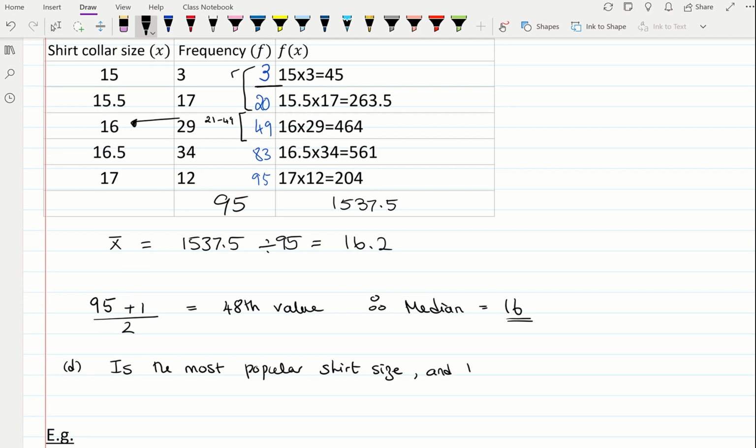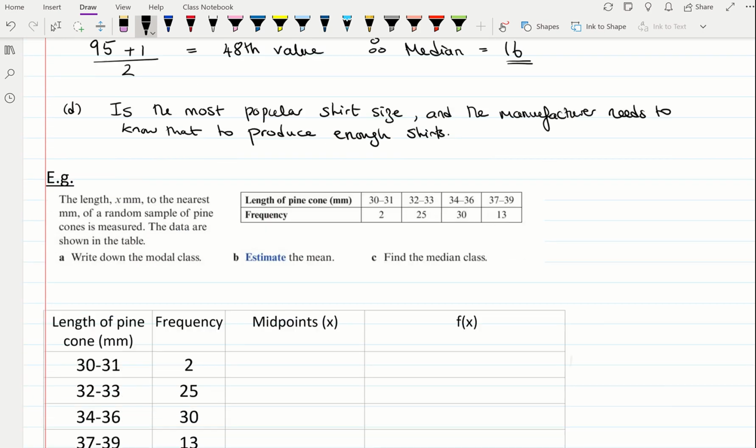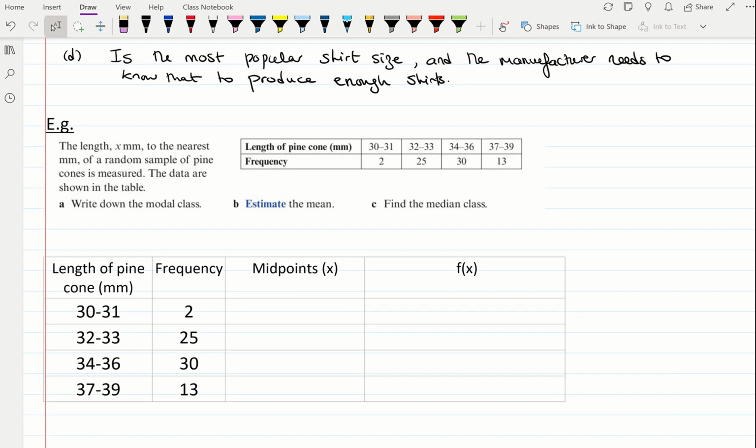And the manufacturer needs to know that to produce enough shirts. They want to sell, and they want to produce the most popular size so that they can sell more. So you can give this reason in your own words, and it will have to be a reason in the context of the question.